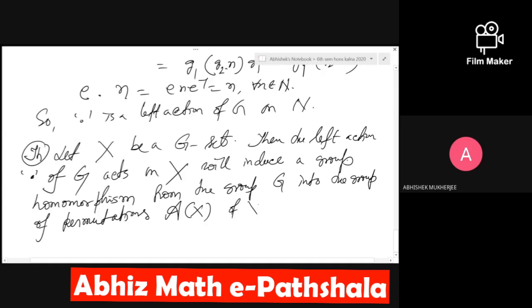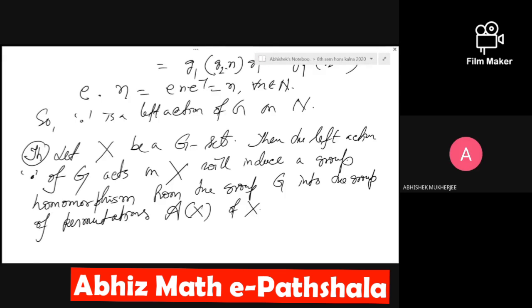So this theorem says that the left action of G which acts on X can be viewed as a group homomorphism from the group G into the permutation group defined on the set X. So for any group action you can have a group homomorphism from G into the permutation group of X, that is curly AX.